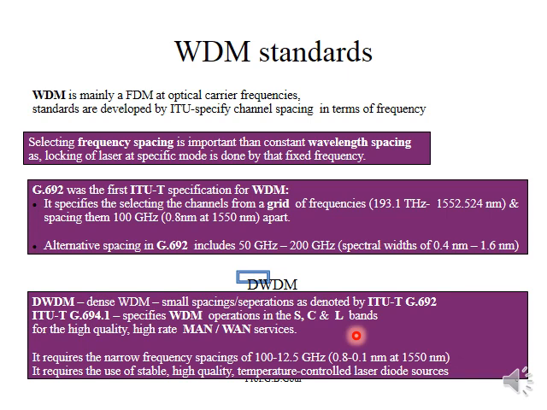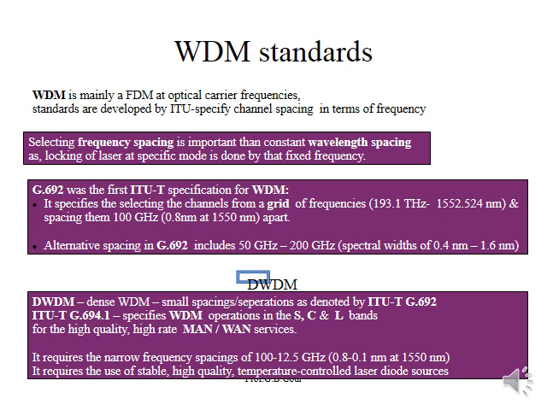Four points: S and L bands, stable temperature controlled laser diodes, MAN and WAN services, and these dimensions. You have to remember these four points, because in the next version, CWDM, we need to compare it with these four points. I may not come back to this slide.